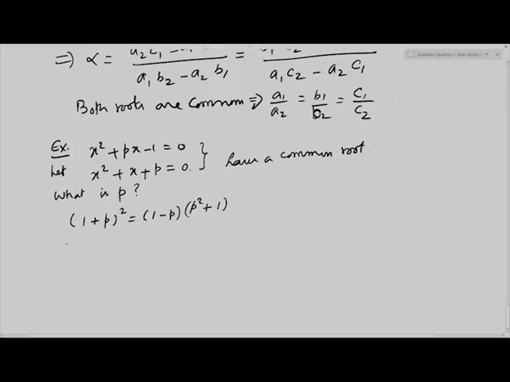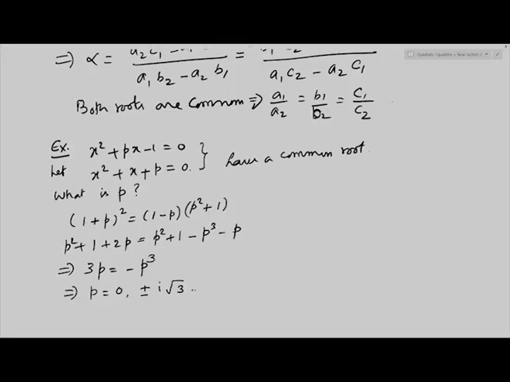So, this gives p square plus 1 plus 2p equals p square plus 1 minus p cube minus p, which gives 3p equal to minus p cube. So, this implies p is 0 or plus minus i root 3. So, these are the possible values of p.